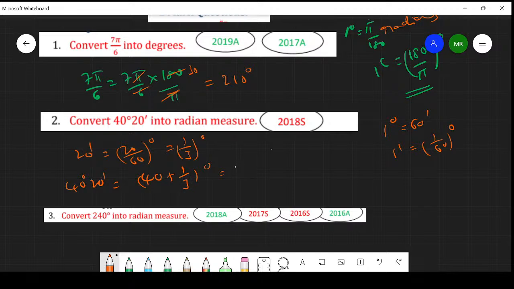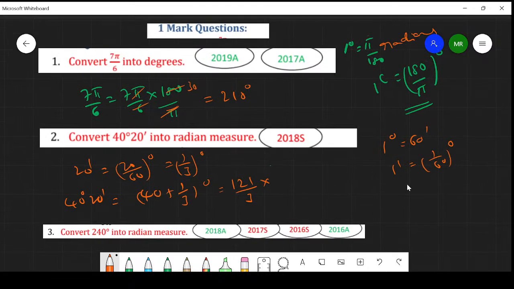Convert this and you will get 120 by 3 degrees, that is 120 1/3 degrees. Now into radian measure. We know 1 degree equal to pi by 180. I showed here 1 degree equal to pi by 180.